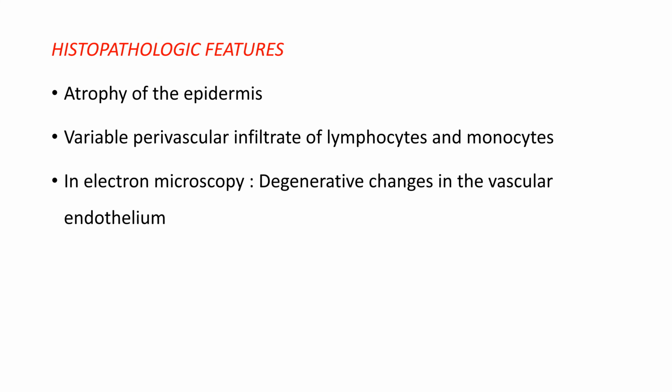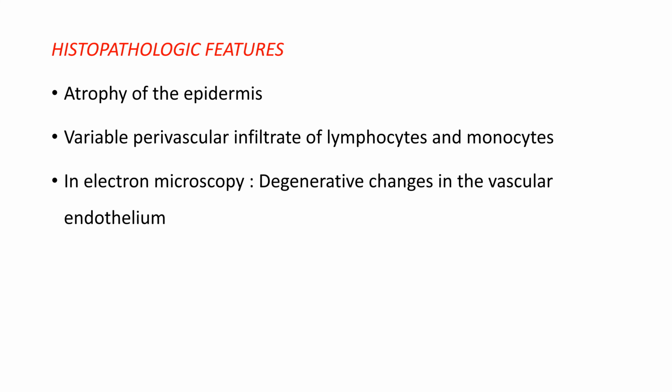Coming to histopathologic features, that means what is seen under the microscope. These are microscopic features. There is atrophy of the epidermis. There is a variable perivascular infiltrate of lymphocytes and monocytes. These are inflammatory cells seen in the connective tissue.